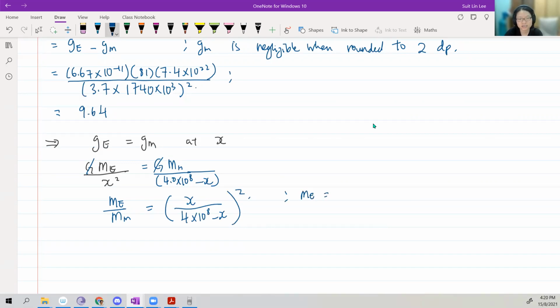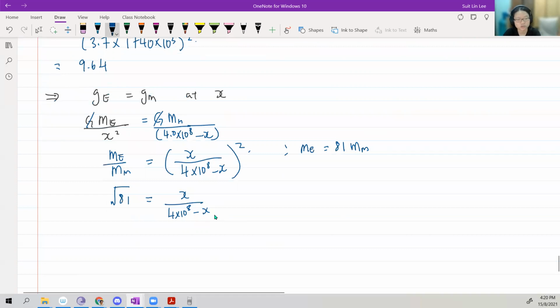Mass of the Earth is 81 times mass of the moon. So this is 81. But I can bring the square to square root here. That's why they give you a nice number, I guess. So always do this square root method. You don't go and expand this and then get some weird partial fraction to give yourself some partial headache, because this is much easier to solve.